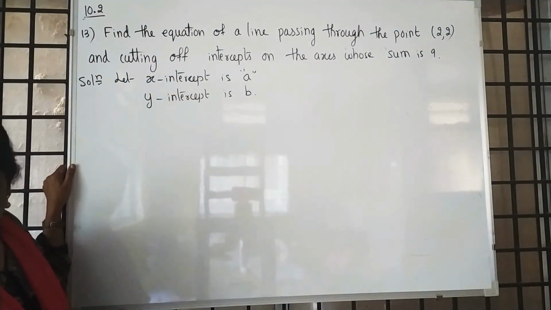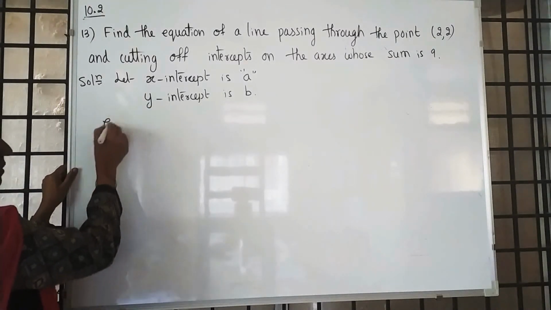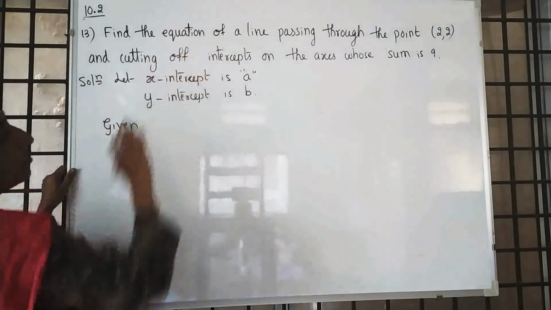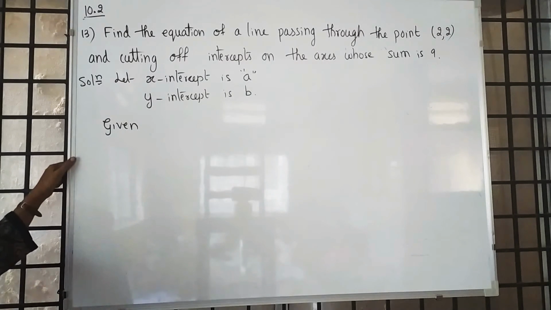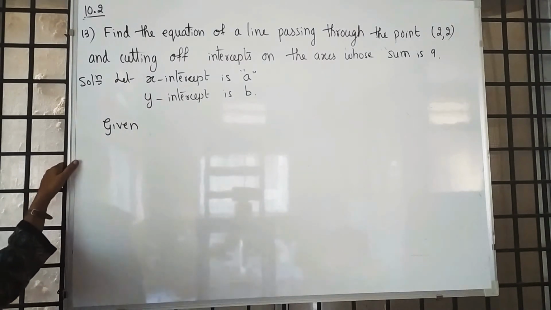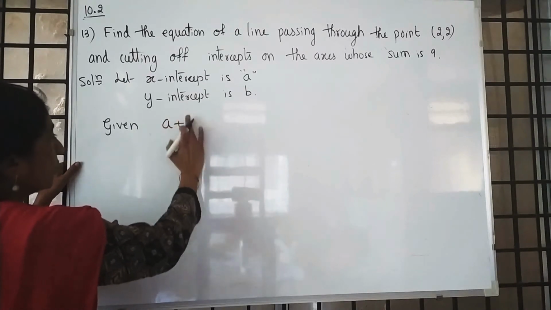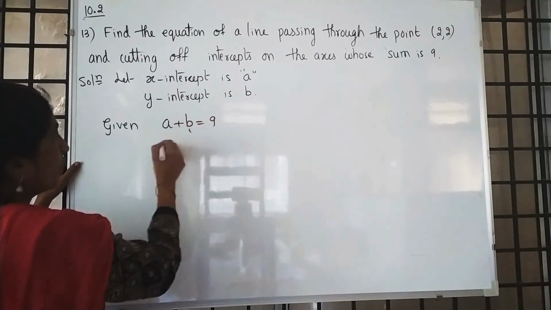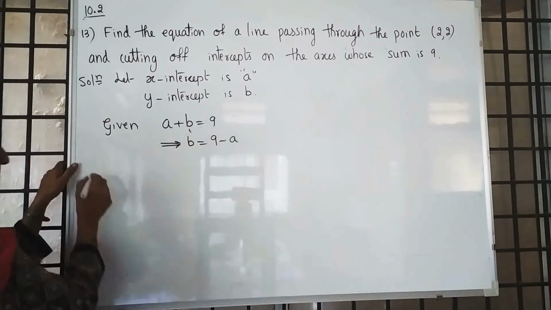Intercept form of the straight line is x upon a. Given, find the equation of the line passing through the point 2, 2 and cutting off intercepts on the axis whose sum is 9. a plus b is equal to 9. Or you can write b is equal to 9 minus a.